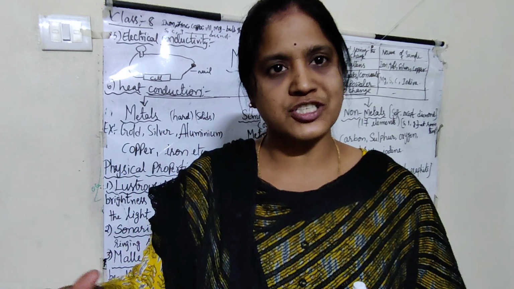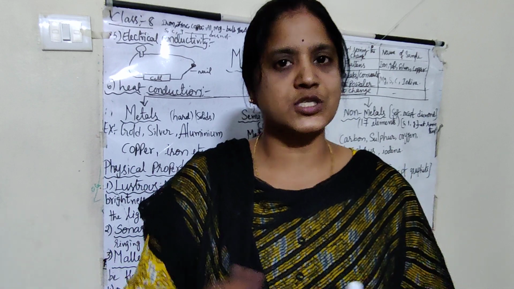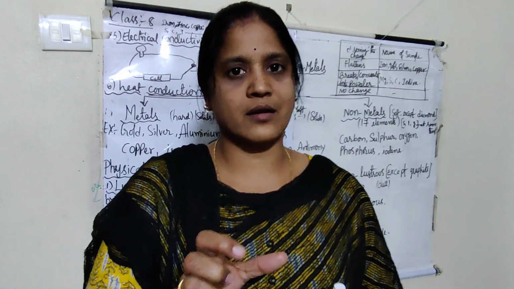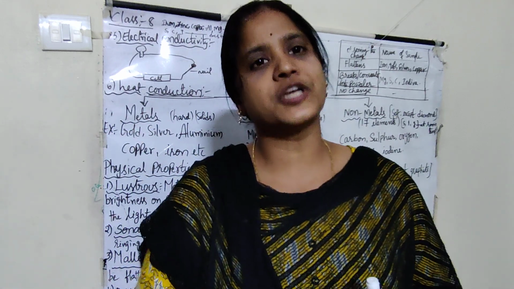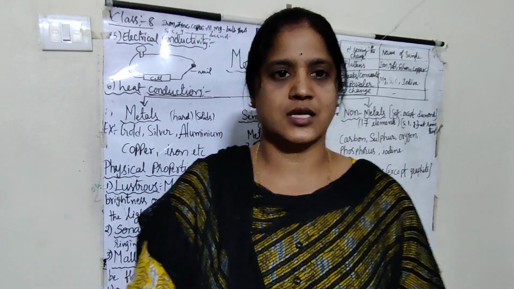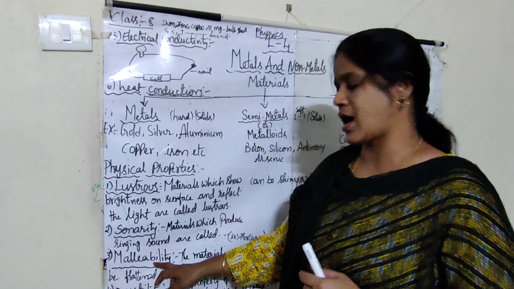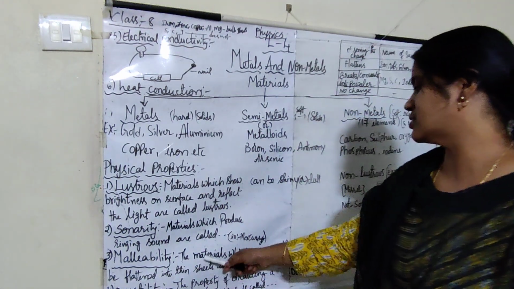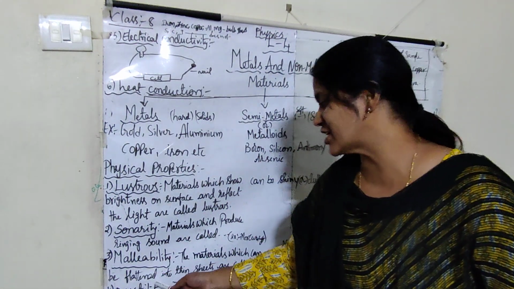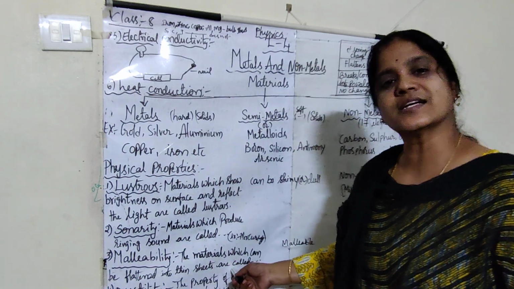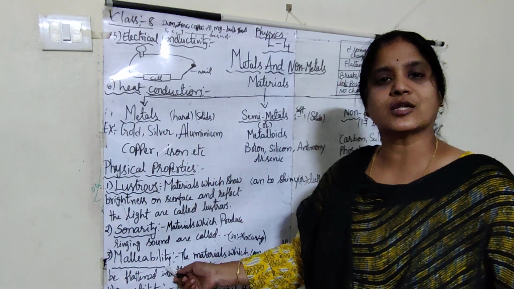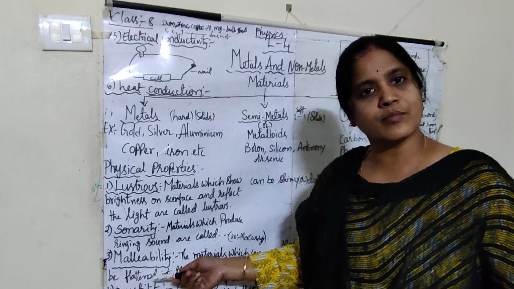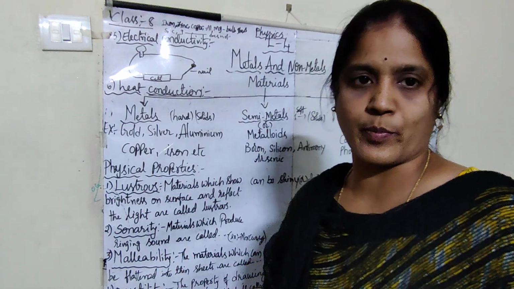Can you make it into sheets? No, it is not possible. Only metals you can make into sheets, either thin or thick. So this property is known as malleability. Malleability means materials which can be flattened into thin sheets. So metals have the malleable property.